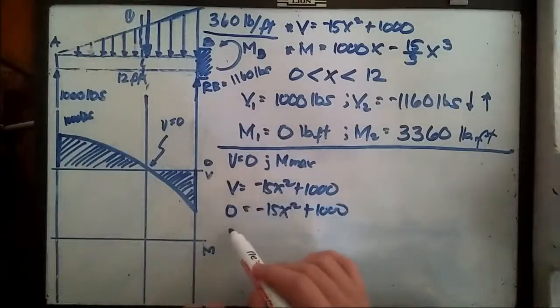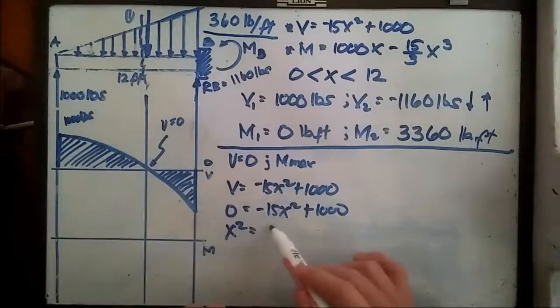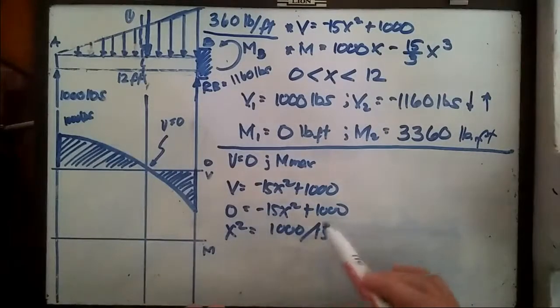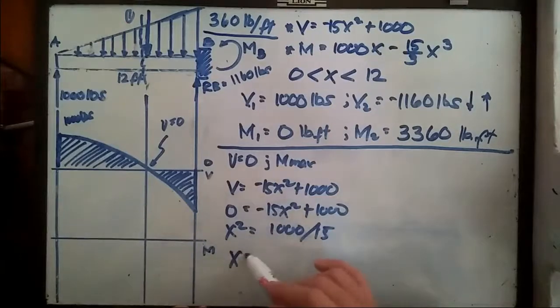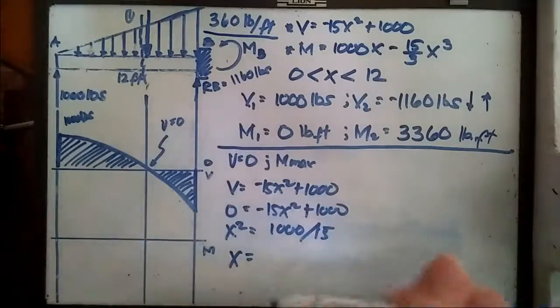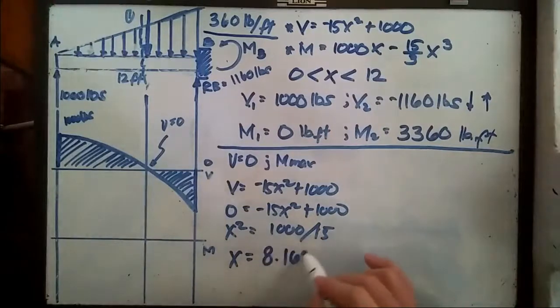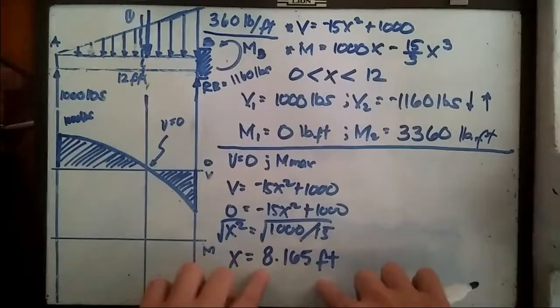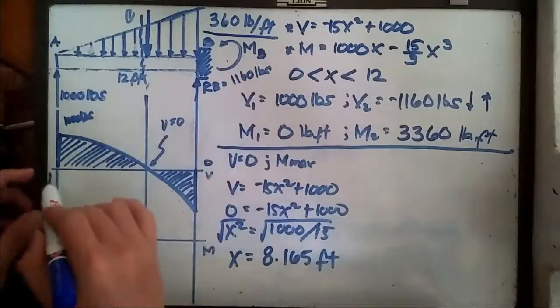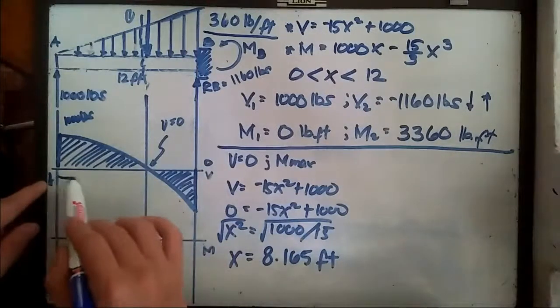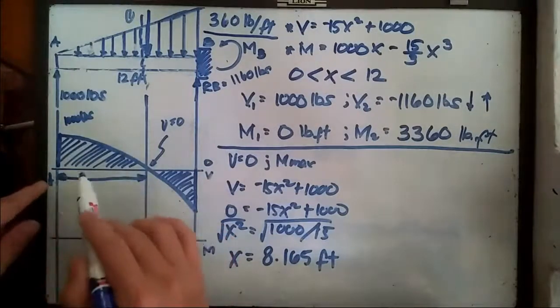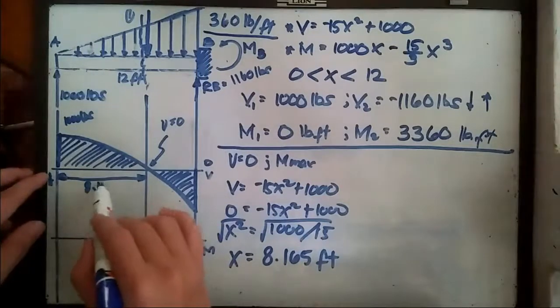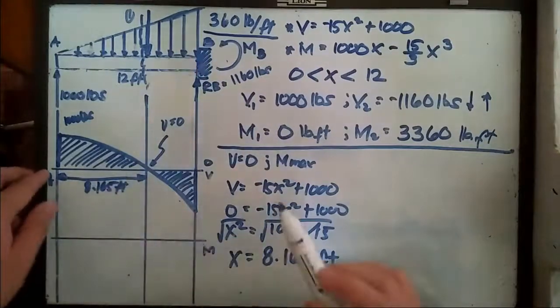Solving for x, that should be x squared is equal to 1000 divided by 15, and then simply square root both sides. The answer for that one should be approximately 8.165 feet. Okay, so this one refers to the distance here, because this is the starting point all the way to this portion. So this one should be 8.165 feet.